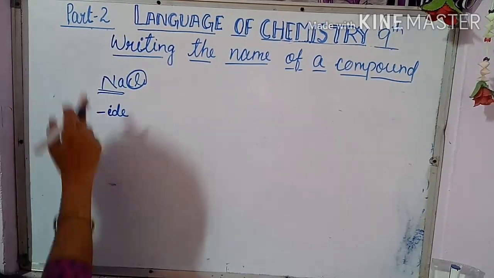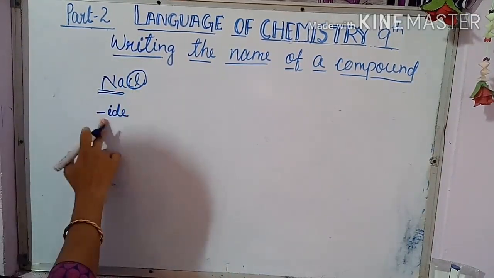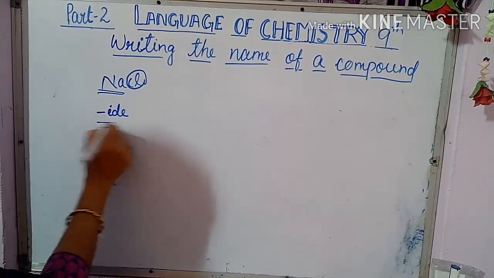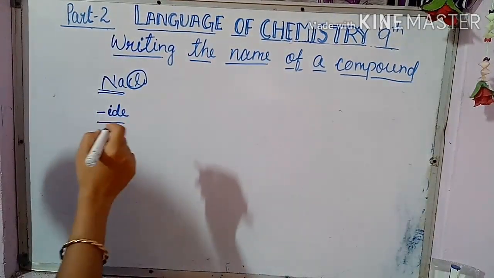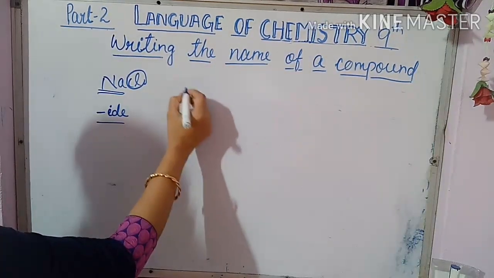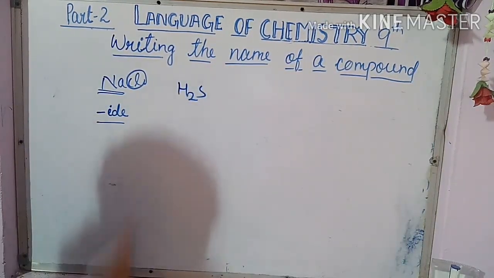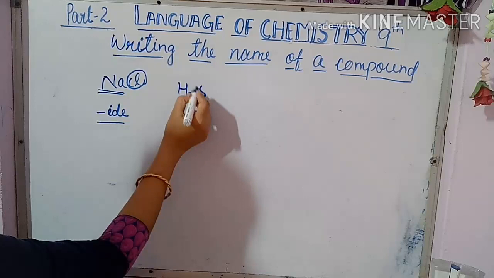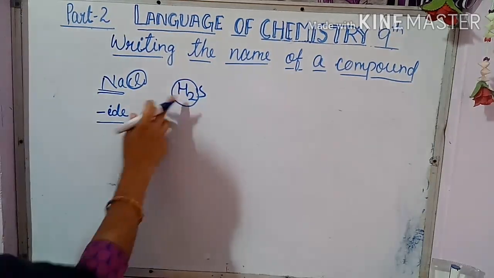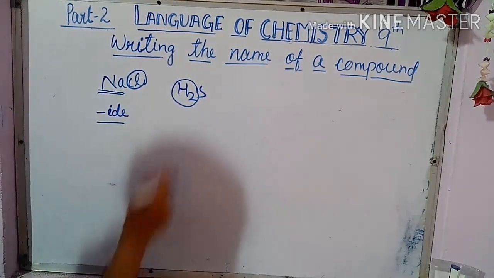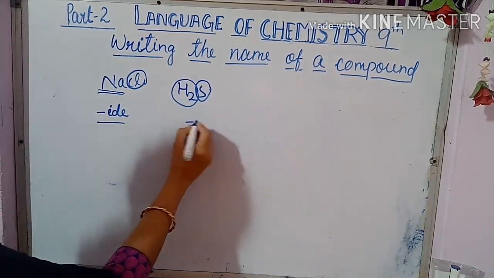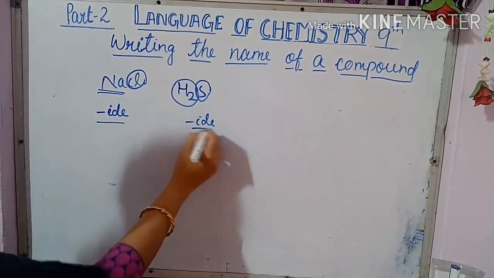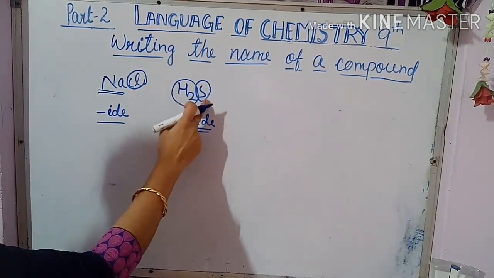That time also, sodium chloro-IDE means chloride. Suppose a non-metal is forming it, suppose H2S. Here you can say it is hydrogen, the electropositive element. Again it is a single element. That time also the suffix is IDE. You can say that it is hydrogen sulfide.